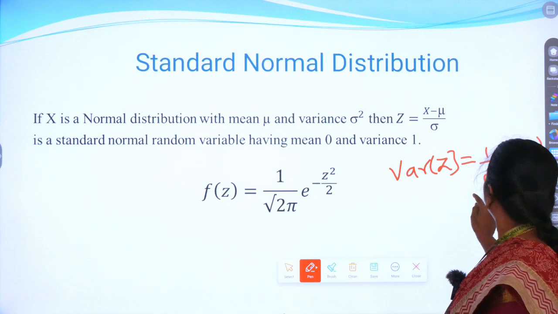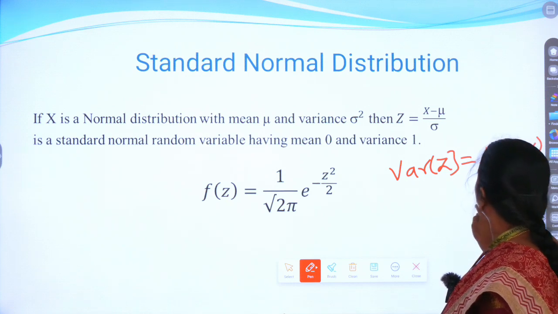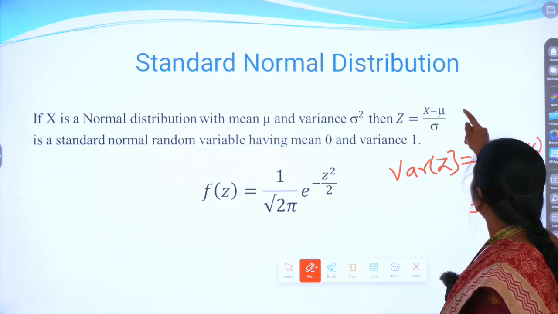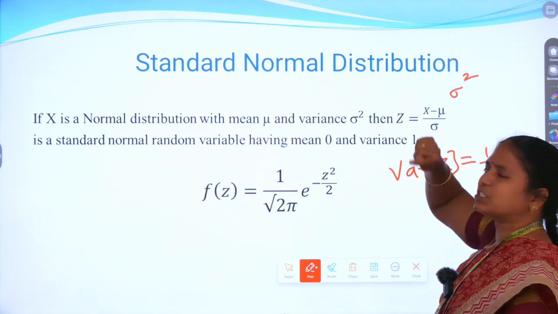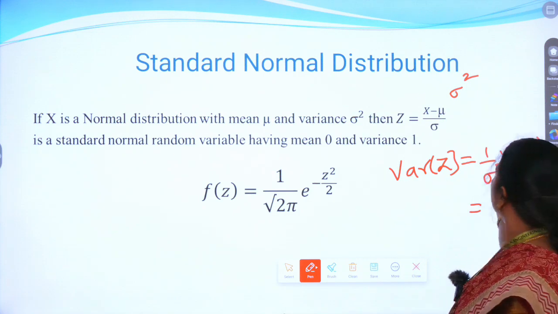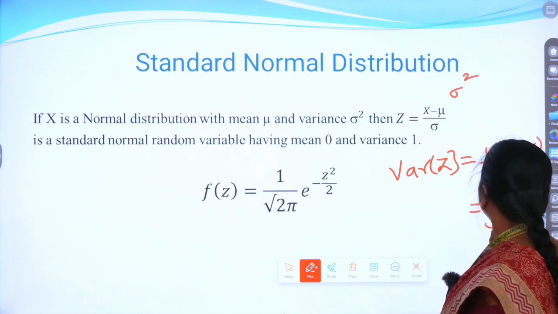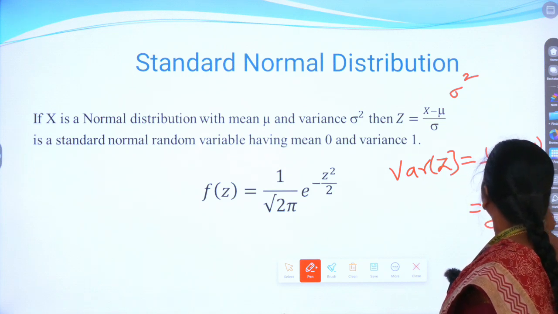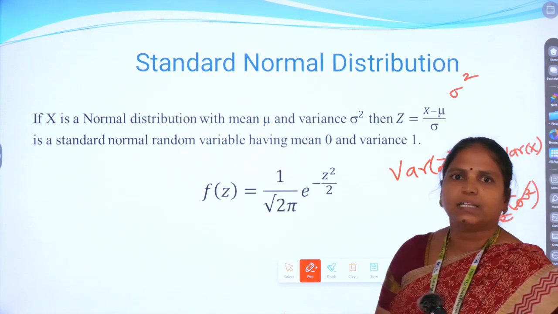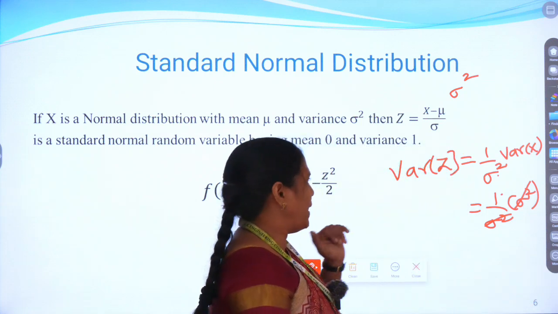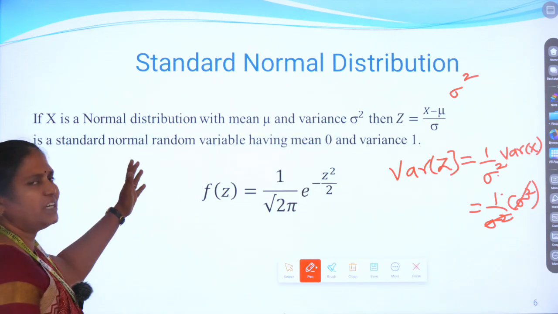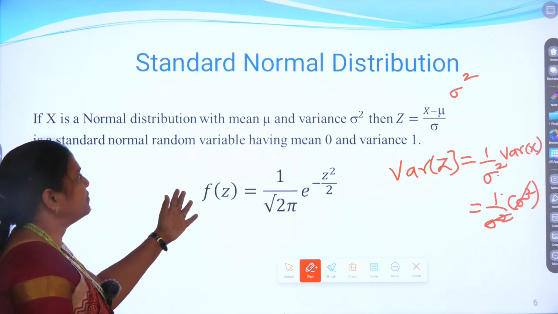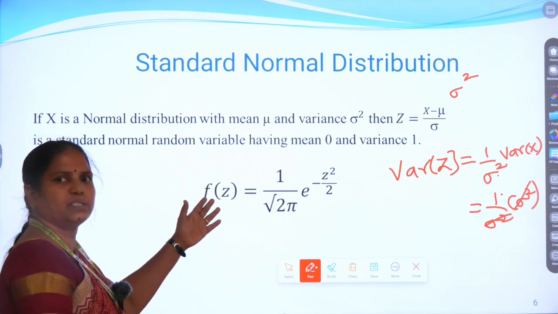What is the variance of the normal distribution? It is sigma square. Instead of variance of x, we substitute sigma square, so the variance in standard normal distribution becomes 1. So we are transforming the normal distribution into standard normal distribution with mean 0 and variance 1.